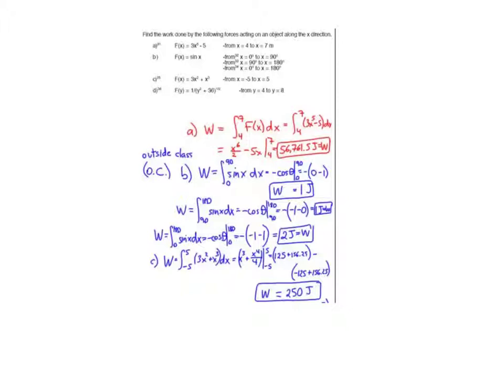Since F is in the x direction and dx is in the x direction, the dot product drops out. And so one can practice their integrals in this calculation of work to determine how much work is done. Of course, these values are equal to the change in the kinetic energy as dictated by the equation of greatness.